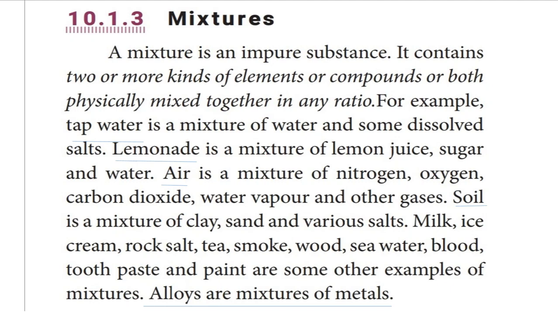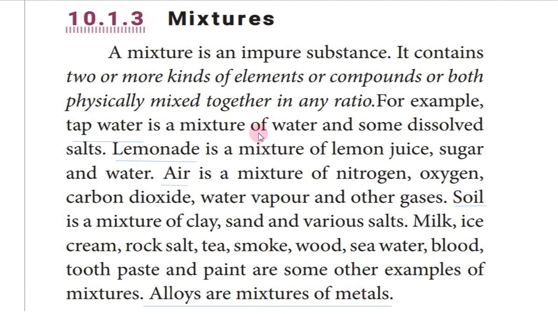This is impure, not pure gold. Pure gold we cannot make into ornaments. Okay, for the tensile strength and sturdiness they are adding copper to this gold. Then only we can use it as an ornament. So alloys are mixtures of metals.